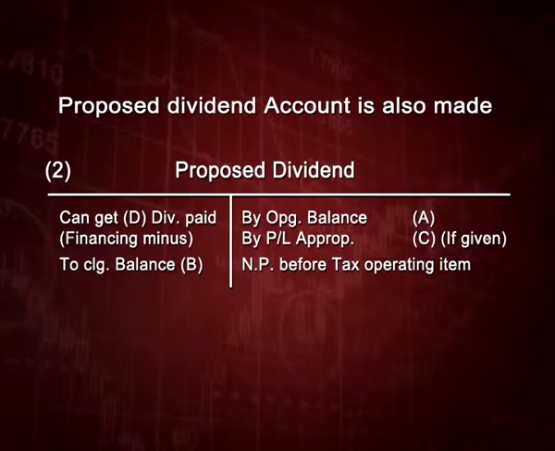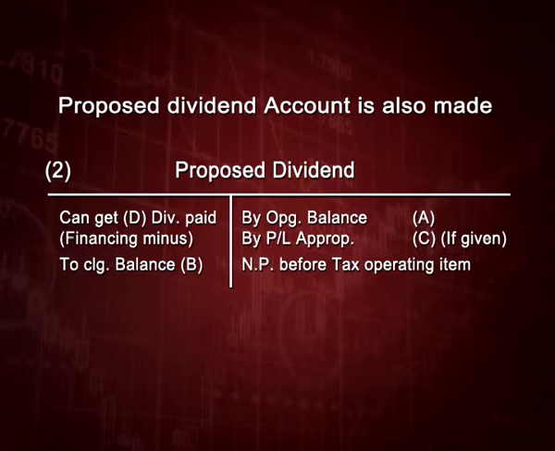Next, on the same line, proposed dividend account is also made. Let us see the format of proposed dividend. Opening balance on the credit side, A part, closing balance on the debit side, that is B part. And if you are given P&L appropriation, that is the profit appropriated for dividend on the credit side, C part, then you can get D part, that is dividend paid on the debit side.